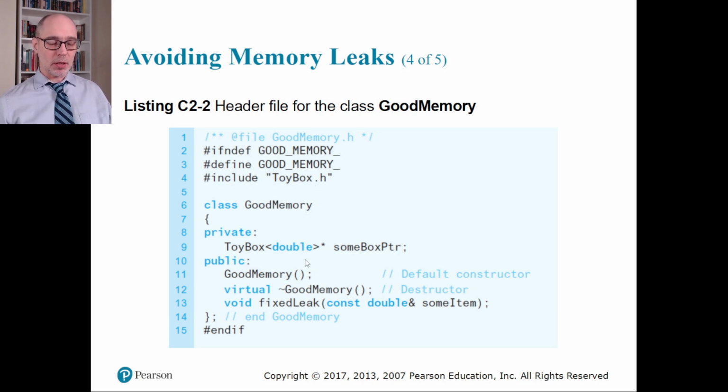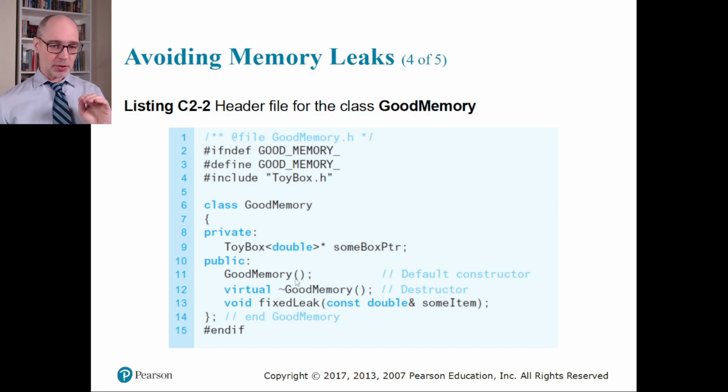To manage the dynamic memory, you have a pointer being held as a private data member. So a toy box pointer, specifically toy boxes that just hold doubles for what it's worth, called SumBox pointer. And by making that private, nobody else can access it. Nobody can accidentally overwrite that pointer and lose access to the object.